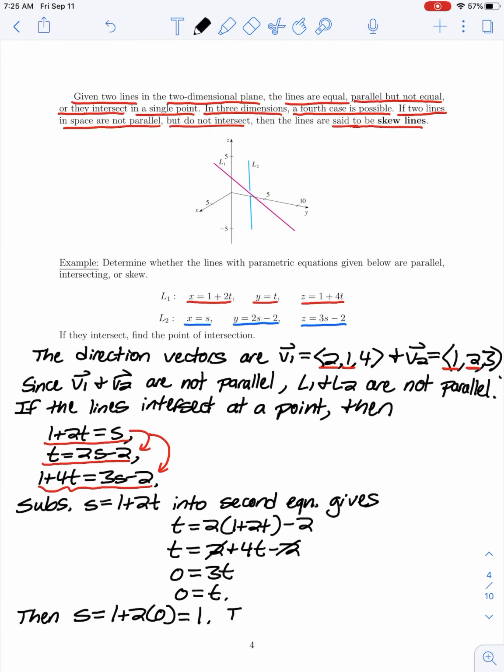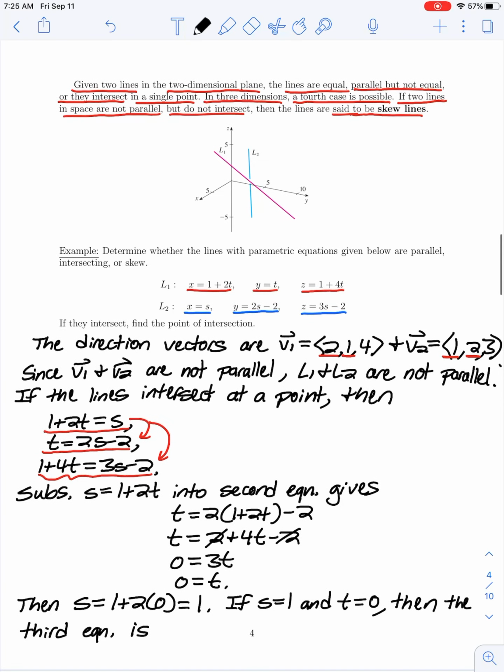So if s is equal to 1 and t is equal to 0, then the third equation: we had 1 plus 4 times t, which was 0, would have to be equal to 3 times s, which was 1, minus 2.